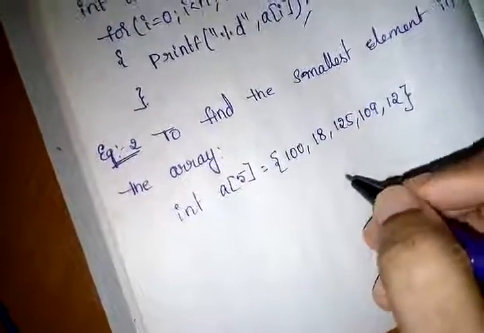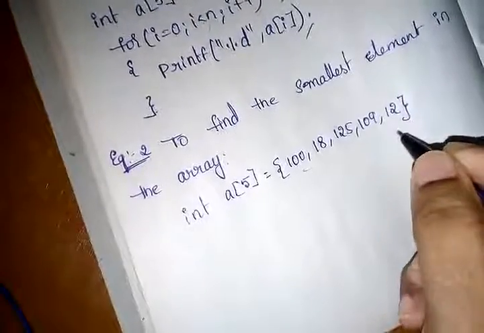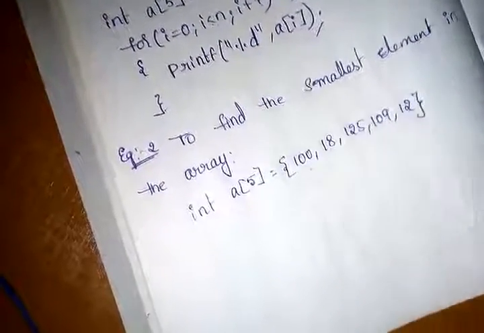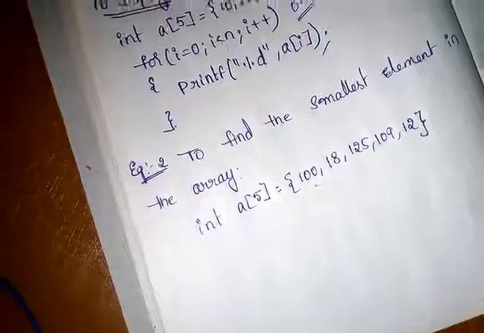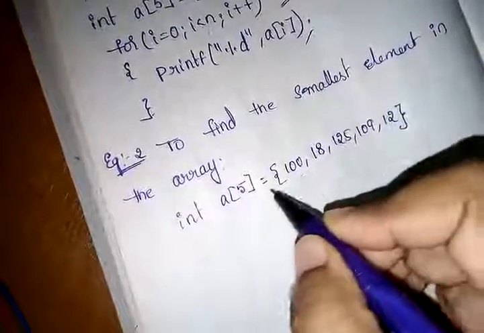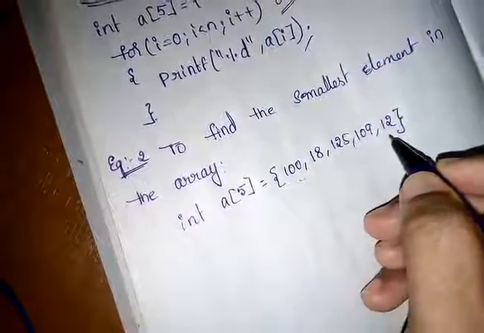So let us think that we have an array of 5 elements consisting of the elements like this, and now we need to find out the smallest element out of these elements.